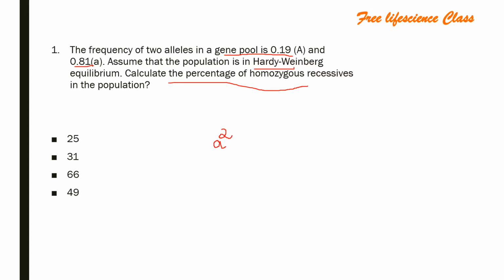It is a direct question. Here a is given as 0.81, and we are asked for a square, that is 0.81 into 0.81, which is equal to 0.66.